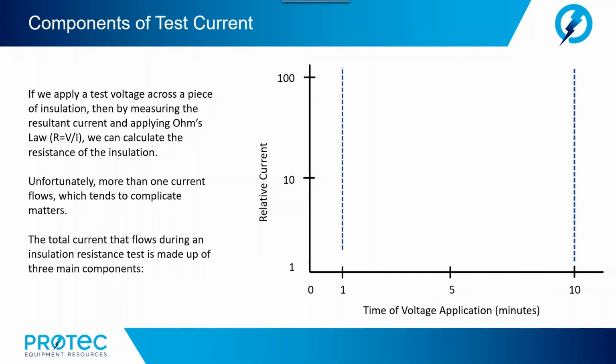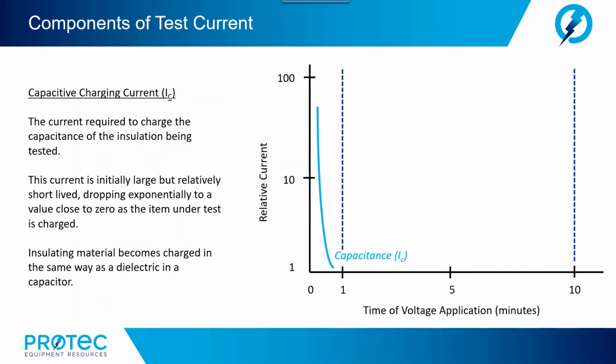The total current that flows during an insulation resistance test is made up of three main components. First, we have what is known as the capacitive charging current, I sub C, the current required to charge the capacitance of the insulation being tested.